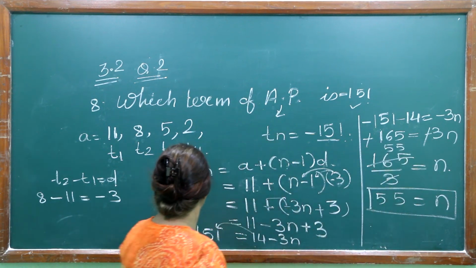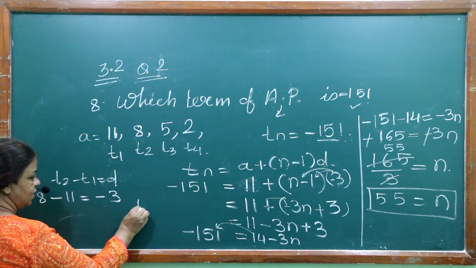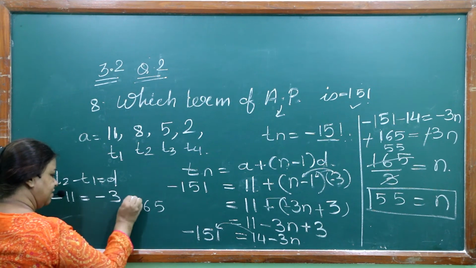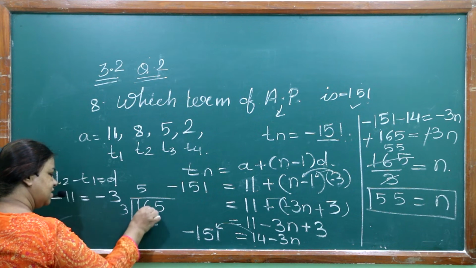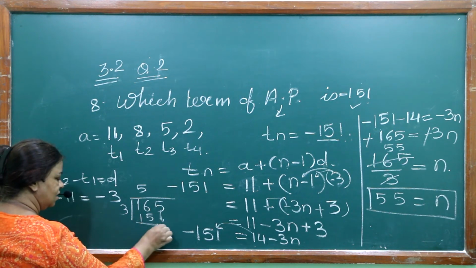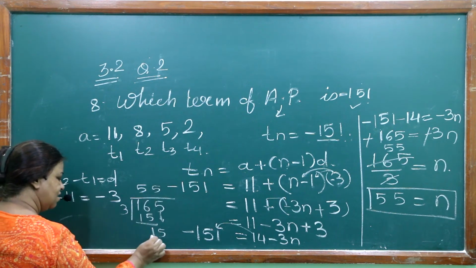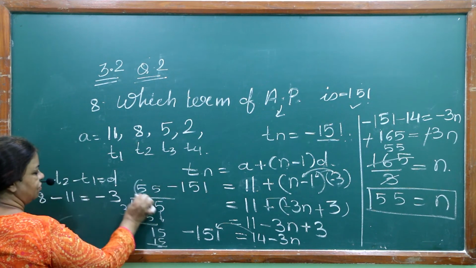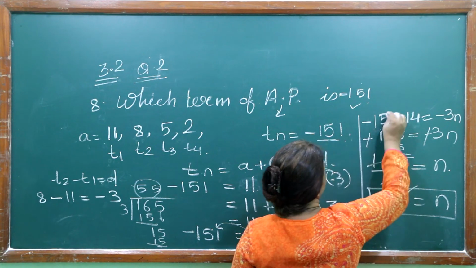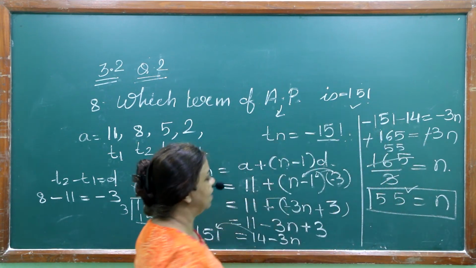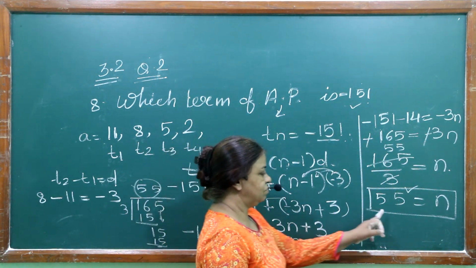You want, I can divide it here. 165 divided by 3. 3 5s are 15. 16 minus 15, 1. Carry this 5. 3 5s are 15. So 55. So the 55th term will be minus 151. So n is equal to 55.